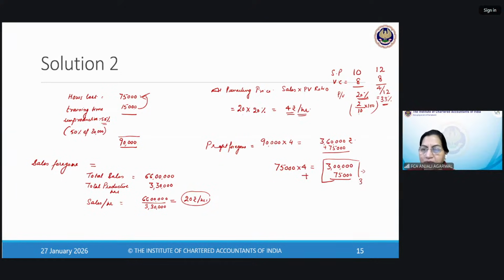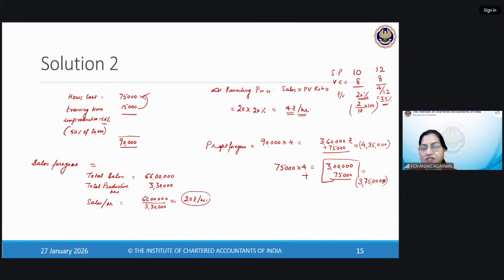So your total profit foregone or loss due to labor turnover is 3,75,000. Here, if you assume that 15,000 is apart from 75,000, then you get a different answer, which is 4,35,000.